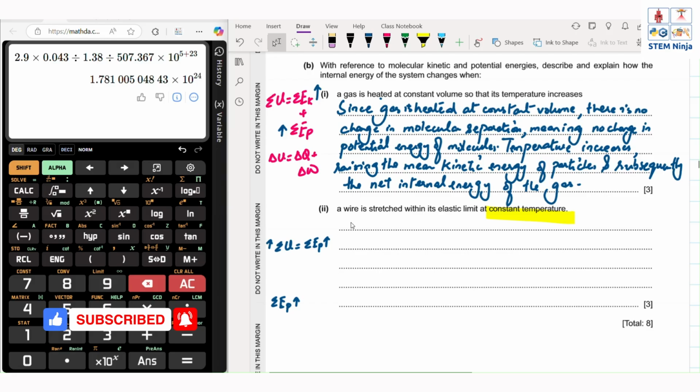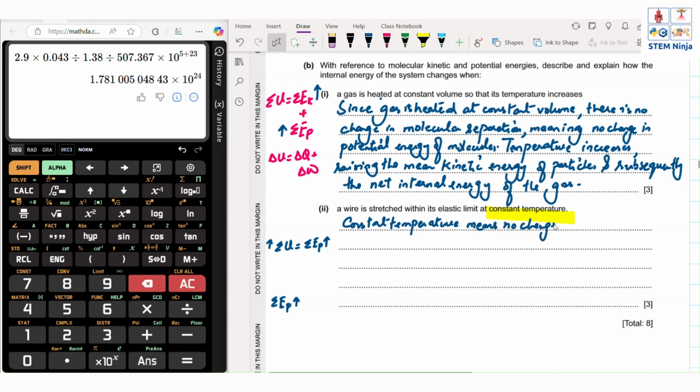So constant temperature means no change in net kinetic energy of particles.